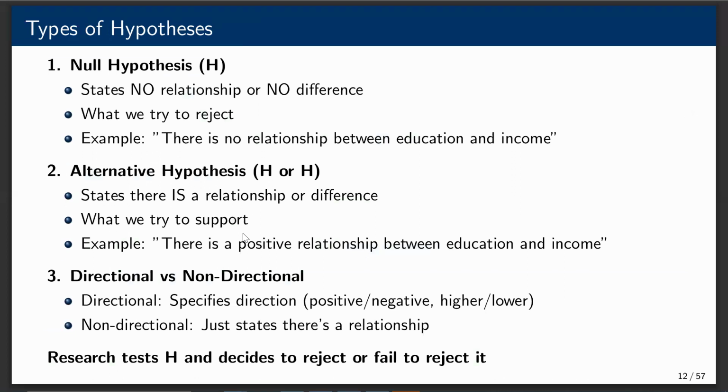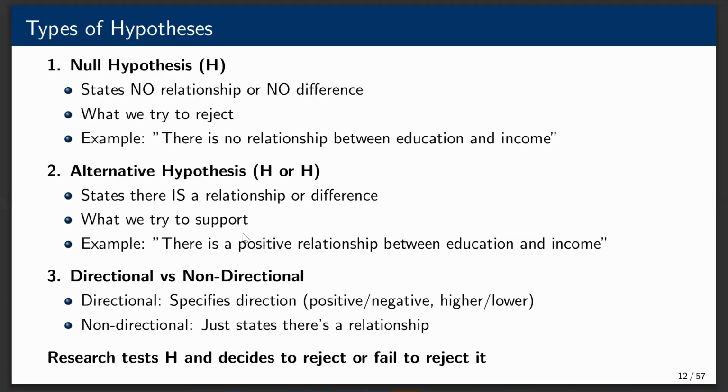Next question: what are the different types of hypothesis? The null hypothesis states no relationship or no difference. The null hypothesis is what we try to reject. For example, there is no relationship between education and income.